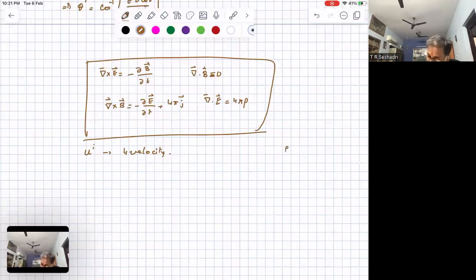When I say density, I define my rho density not just as mass per unit volume, but I go to the rest frame of the particle of the charged fluid and define density there, which means this density is a scalar because I define it in the rest frame, what you can call proper density. And then I can define a quantity called J i, which I call the 4-current density, which is rho into U i.